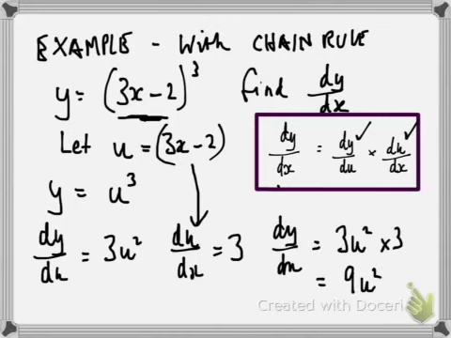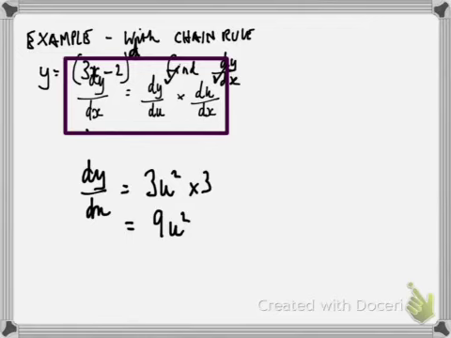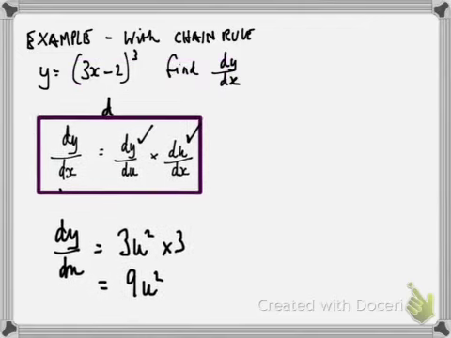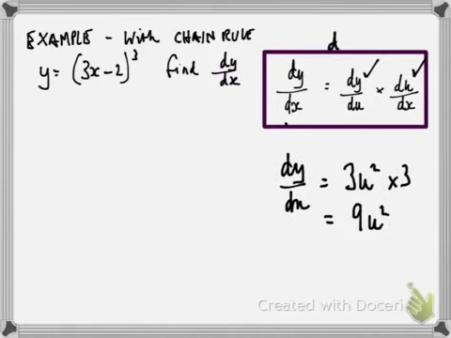So let's just take this part here, and I'll put it on the next slide, so you see where we're up to. Let's put it over here. Now we know that u, because we substituted early on, equals 3x minus 2.